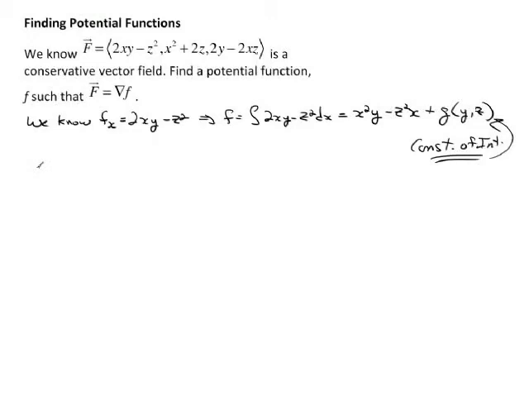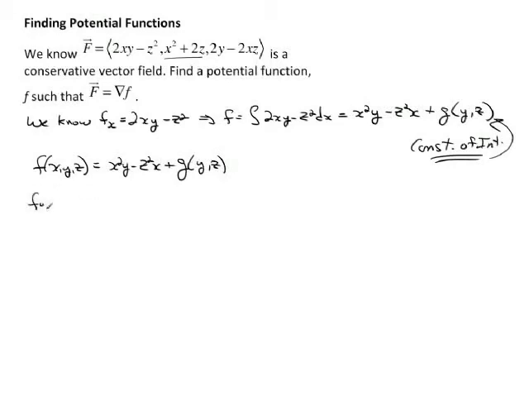Now what I want to do is take the derivative of this with respect to y. I'm going to take the partial. And I know when I take the partial of this that it has to be equal to this component right here. So right now I'm saying I know that f of x, y, z is going to look like x squared y minus z squared x plus some function of y and z. I just need to determine what this is.